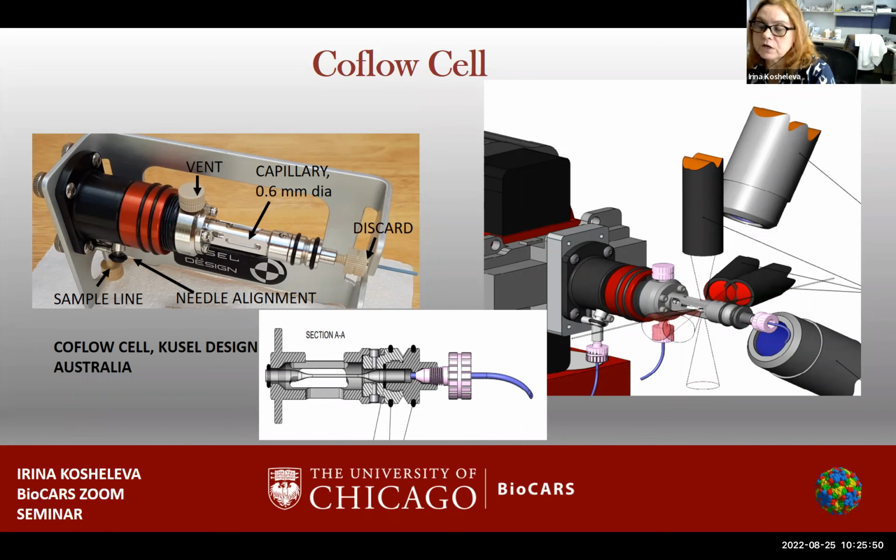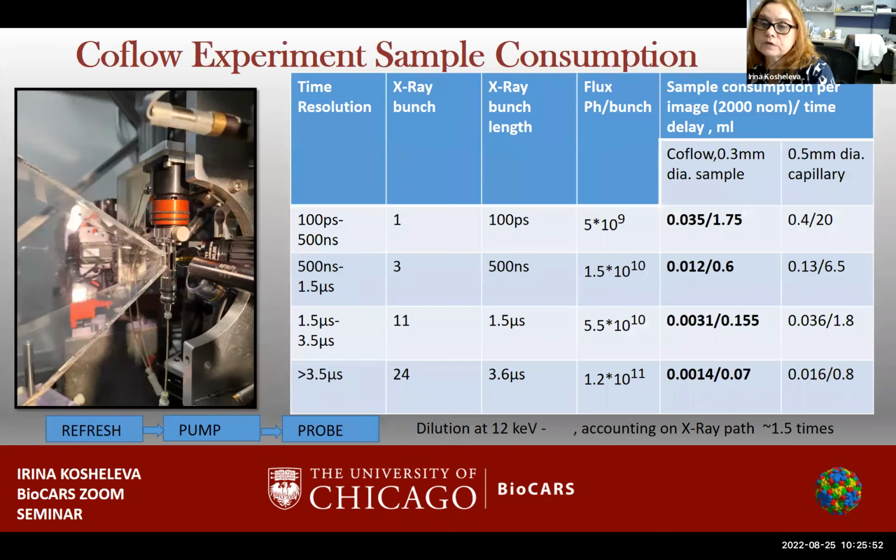I will present some calculations for the CoFlow experiment sample consumption. Right here, we just calculate how much sample will be flown in the similar geometry. Normally, we design this cell to accept 300 micrometers, so 0.3 millimeters diameter sample.